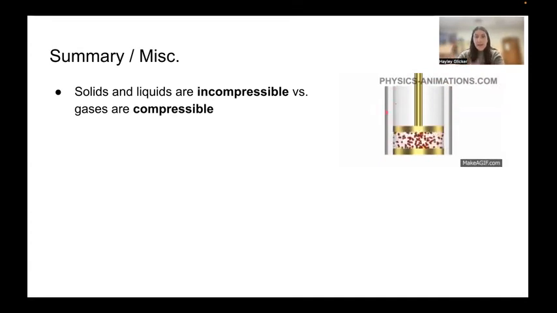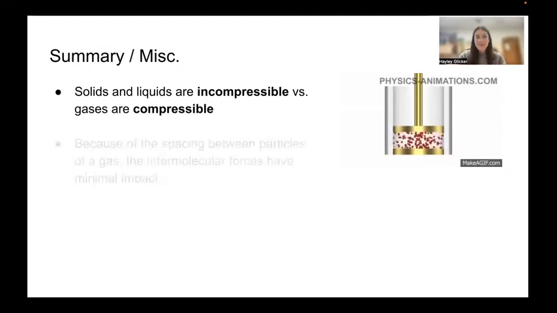This piston right here, if I push it down, it ultimately compresses the gas molecules, which makes them have less space to move around. I cannot do the same thing with solids and liquids. And because they're compressible, that's going to guide us into some special properties that we'll talk about in the next couple of subunits.